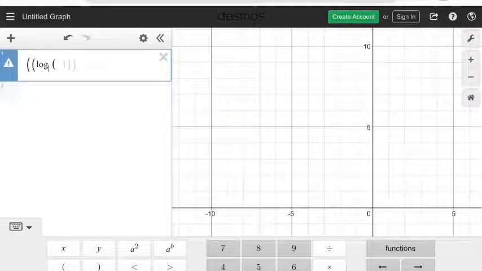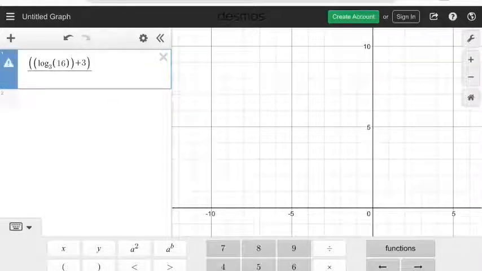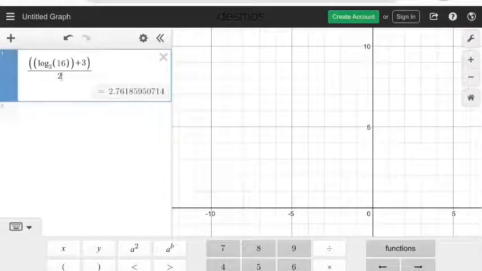The second set of parentheses is for our log only. Our base is 3. We're taking the log of 16, and we have plus 3. Then we're taking this whole numerator within parentheses and dividing it by 2. So we get 2.76, and so on and so forth.